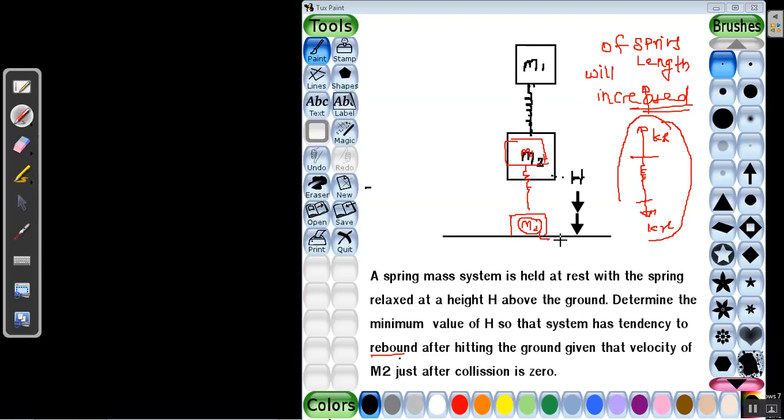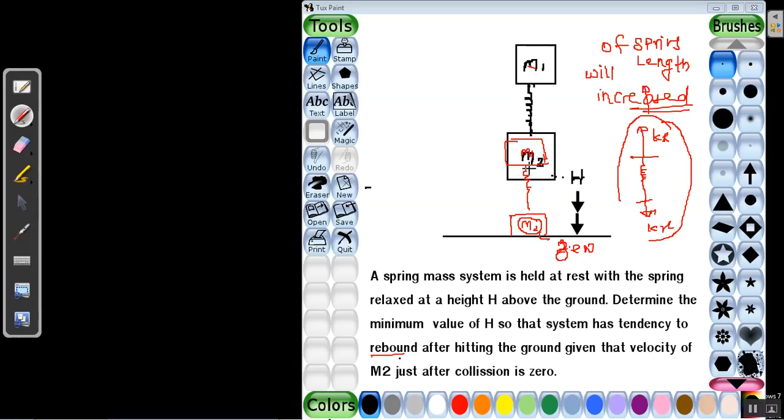Between them there is no collision, nothing will happen to the kinetic energy of m1, so the energy of m1 is going to be conserved.